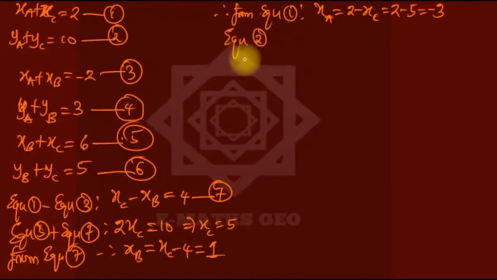So if I do equation 2 minus equation 4, we now see that YA minus YA is gone.